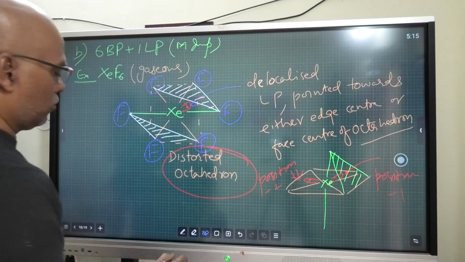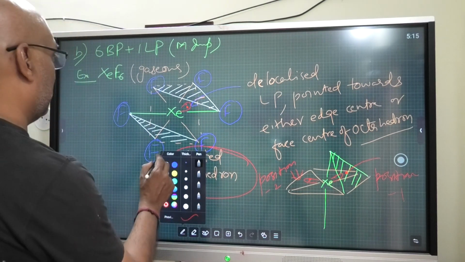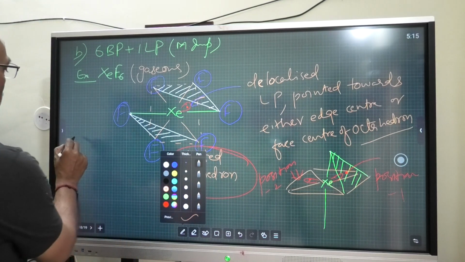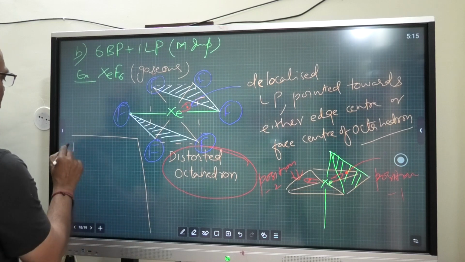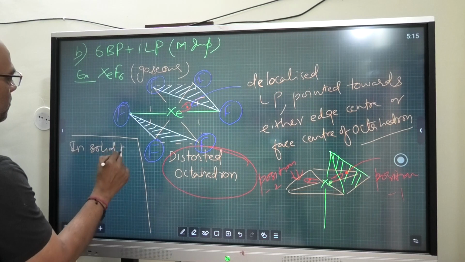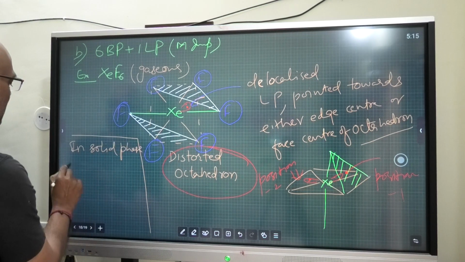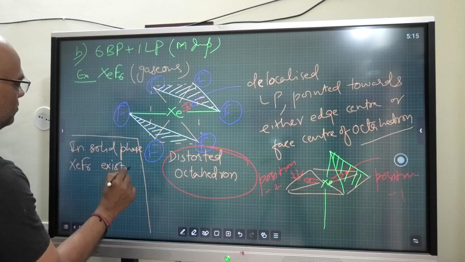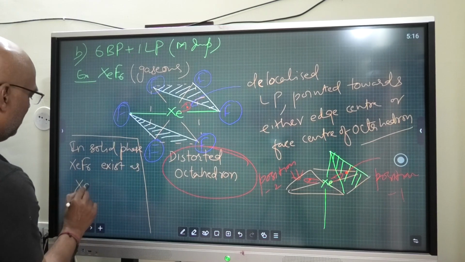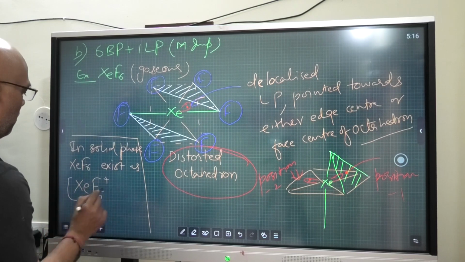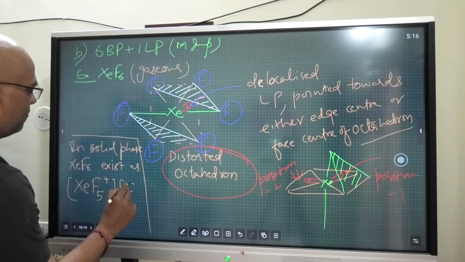Now, there is one more thing to remember regarding this molecule. Let me finish it here itself. In solid phase, XeF6 exists as XeF5 plus cation and fluoride as anion.